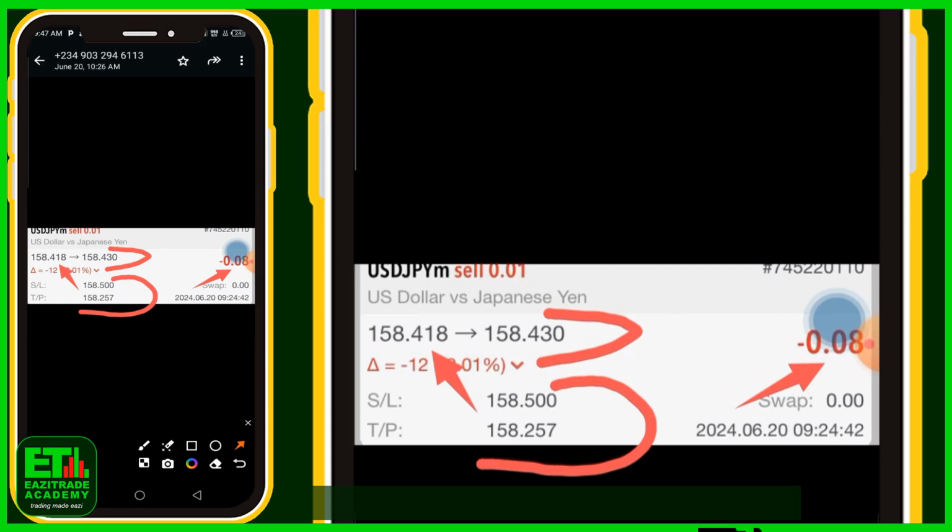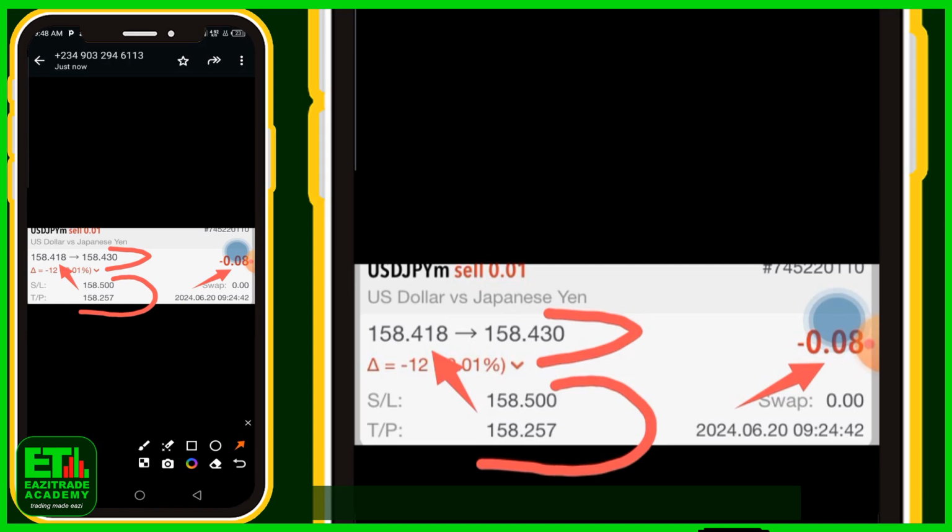If it goes in the student's direction, the student will be in profit with about $1.5 or more. So you can see that the take profit is higher, like I explained in one of our videos where I was talking about risk management. So ensure that your take profit is often higher than your stop loss. That's how to properly plan your trade.